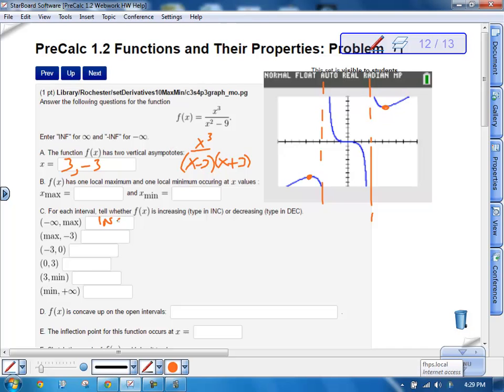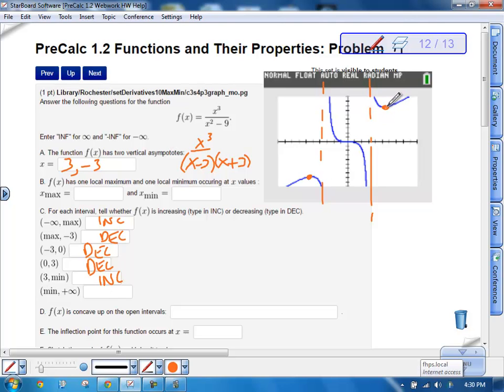Well, that'd be increasing. From the maximum to negative 3, it'd be decreasing. From negative 3 all the way to 0 is decreasing. From 0 to 3, it's decreasing. From 3 to positive infinity, it's increasing.